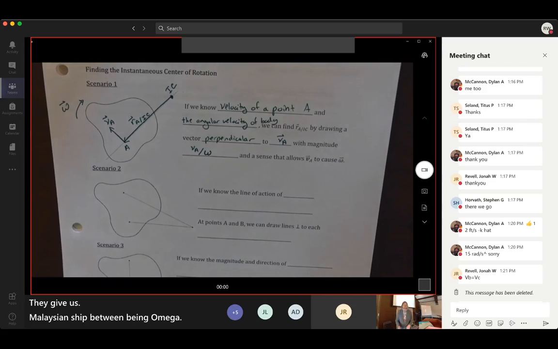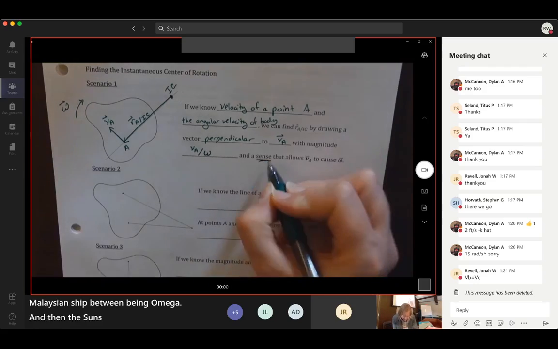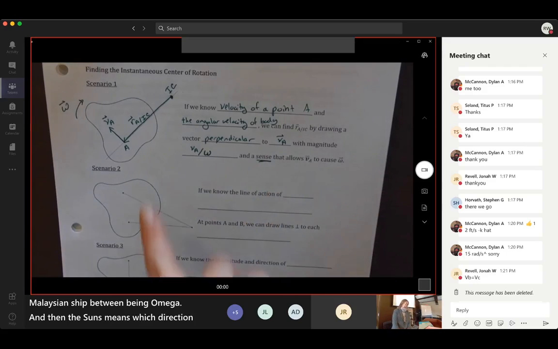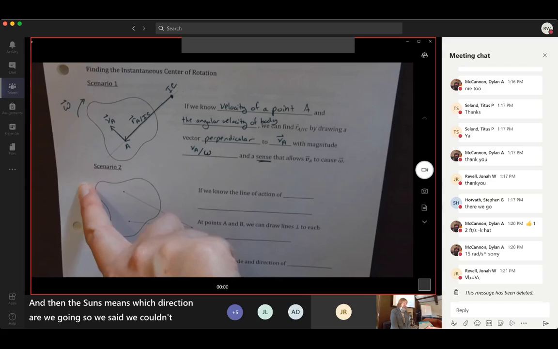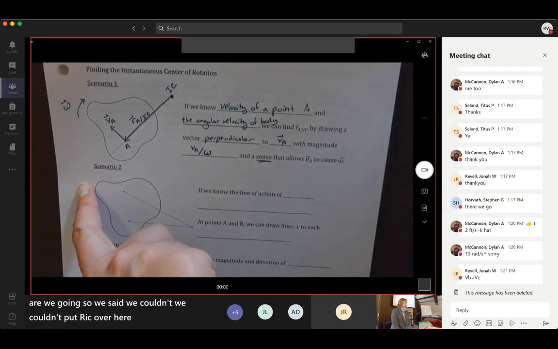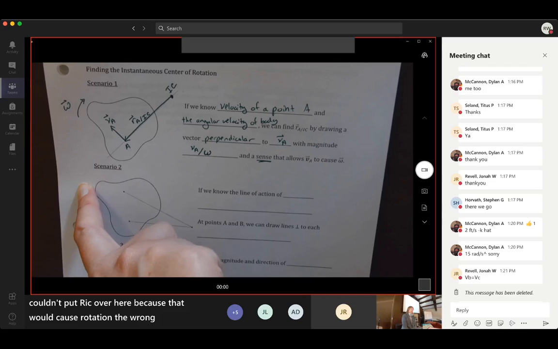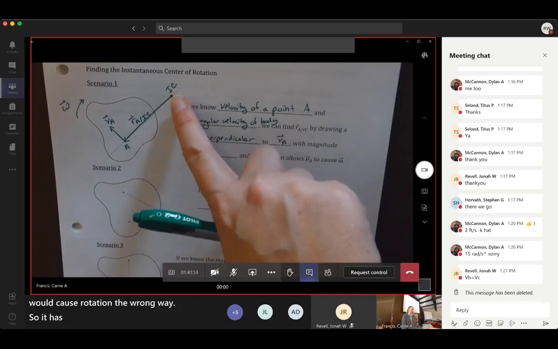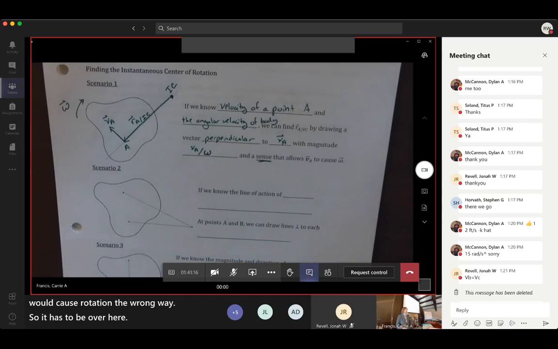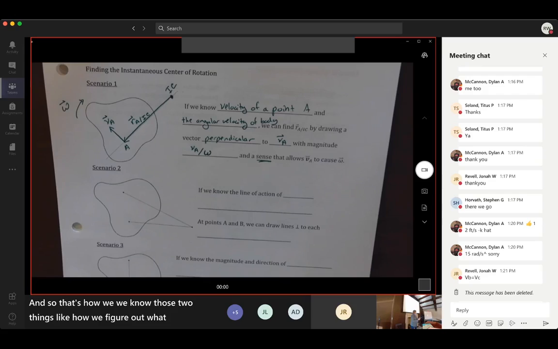And then the sense means which direction we're going. So we said we couldn't put our IC over here because that would cause rotation the wrong way. So it has to be over here. And so that's how we figure out what point we're rotating about.